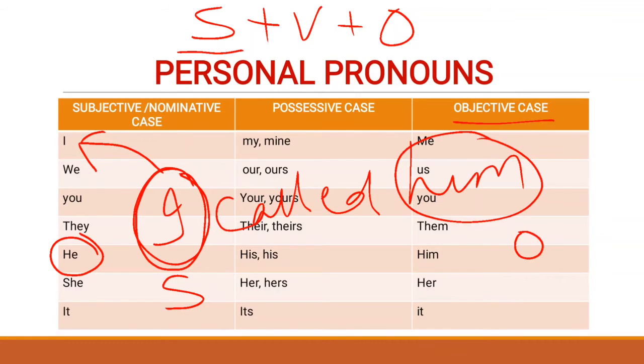Instead, I have used the objective case of he, that is him. Thus, these personal pronouns change their form when they play the role of object in a sentence. I hope now you will be able to identify subjective case and objective case.